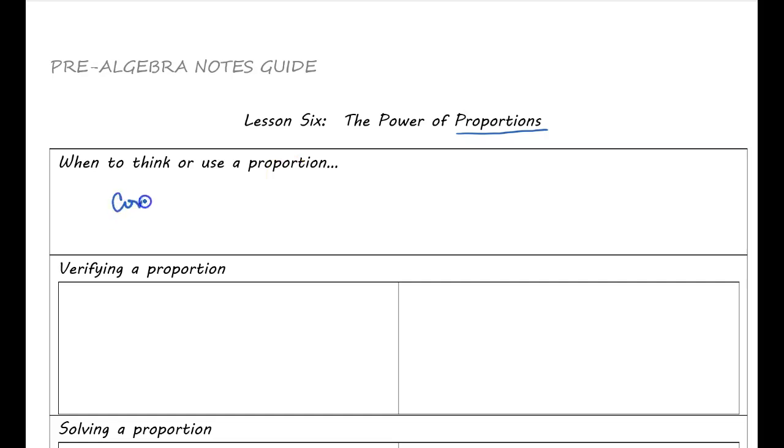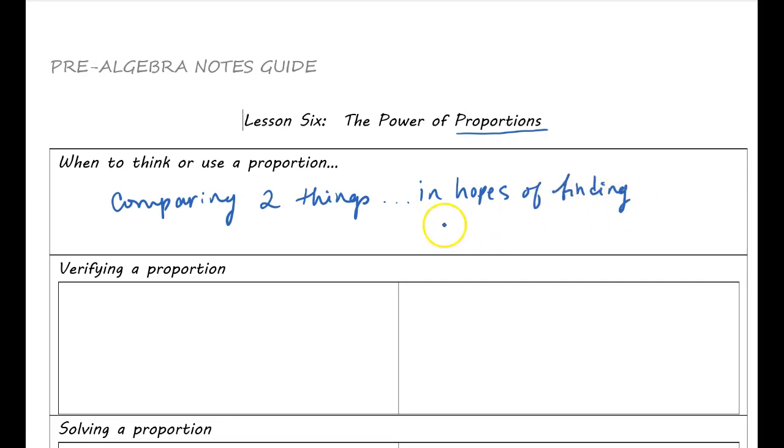Anytime we are comparing two things. And I'm going to add to that, maybe we're trying to find a missing something, okay? So we're comparing two things, and I'm going to put in hopes of finding an unknown quantity.